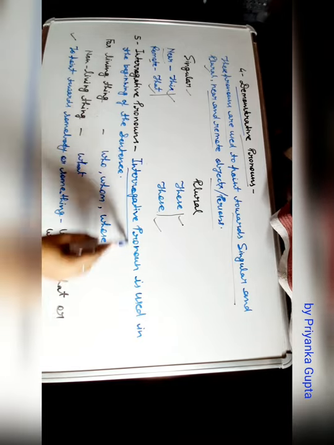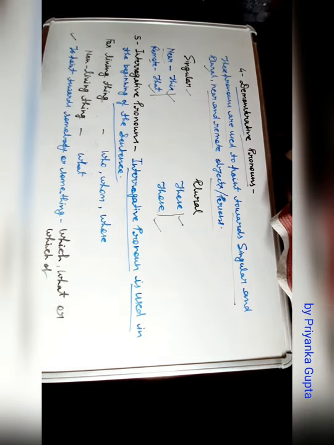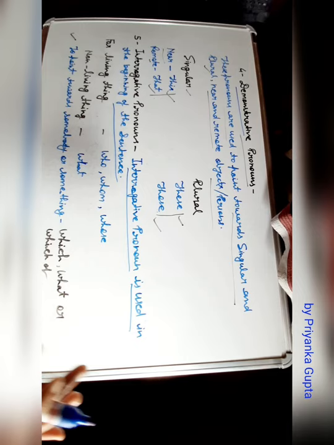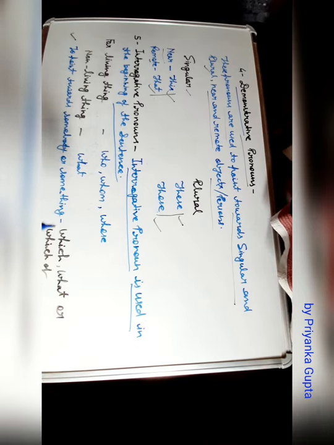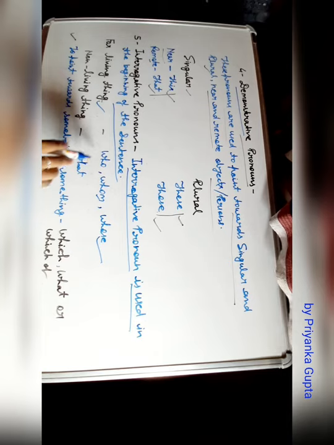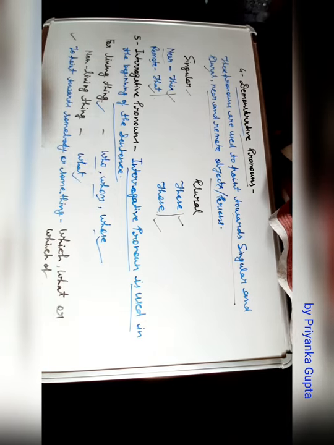This is your interrogative pronouns. Interrogative pronoun is used in the beginning of the sentence. Let's see how. For living things, we will use who, whom, whose. And for non-living things, what.